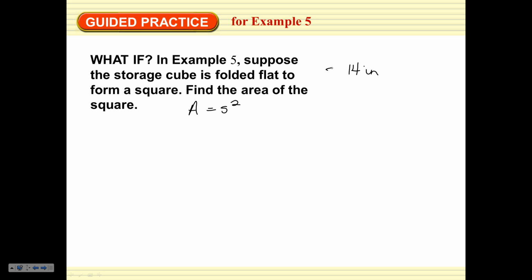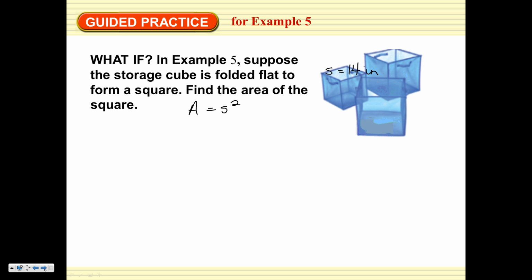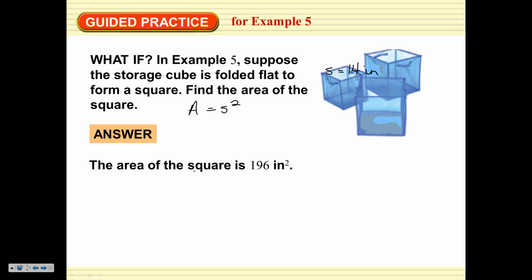We know the side equals 14 inches. So again, we're going to substitute that 14 in for S, and we're going to end up with area equals 14 squared, and 14 squared is 196. So the area of that folded storage cube is 196 inches squared. So you would need a spot at least that large to store your storage cube.